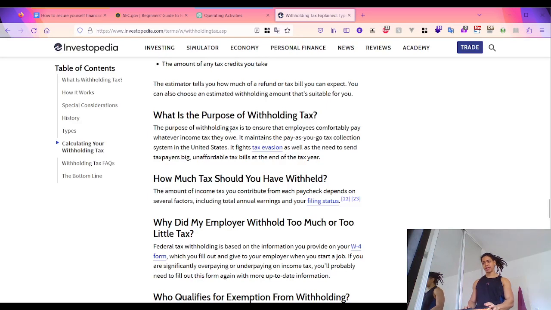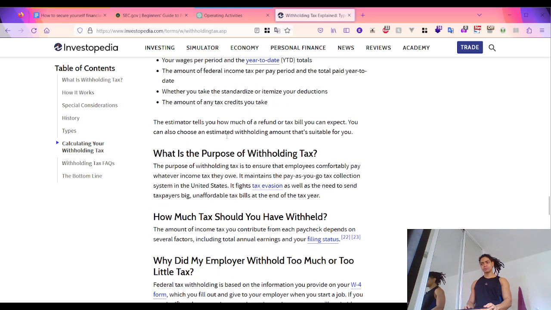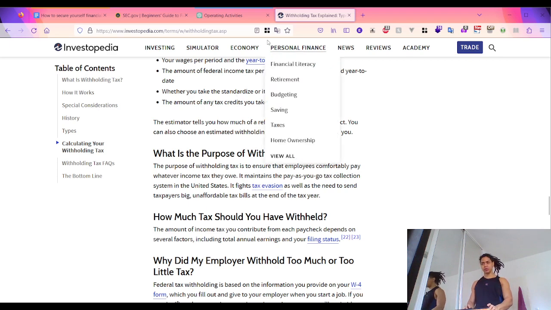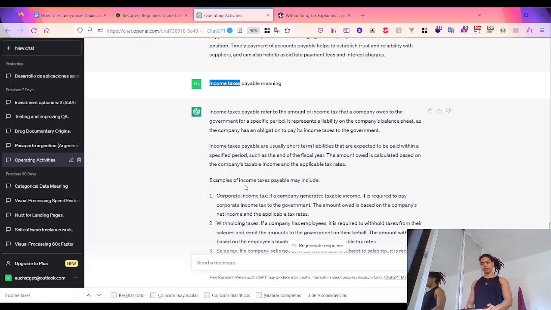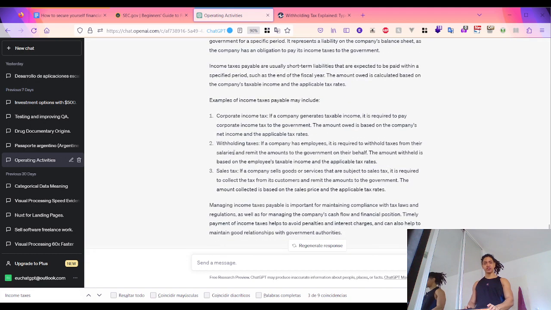Exactly, it's a pay as you go tax collection, meaning that whatever income you receive, your employer is going to deduct from your wage as an employee. Okay, this is withholding taxes.